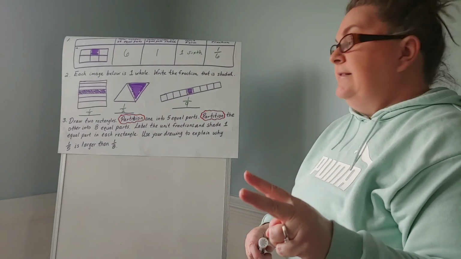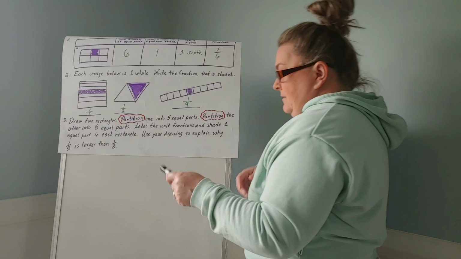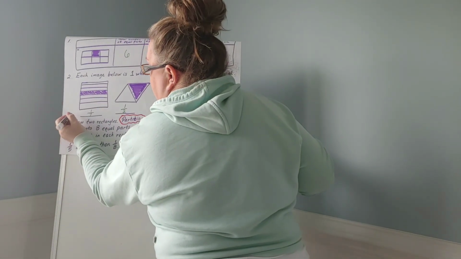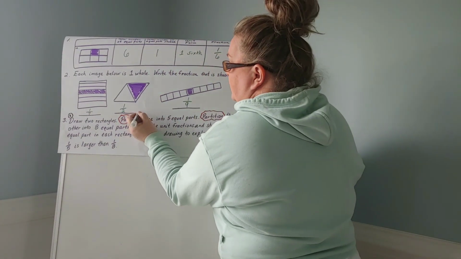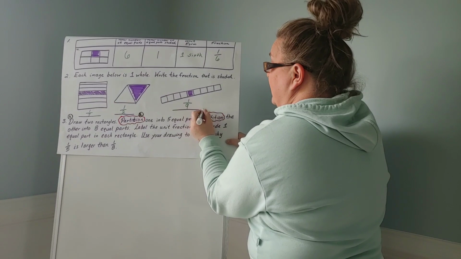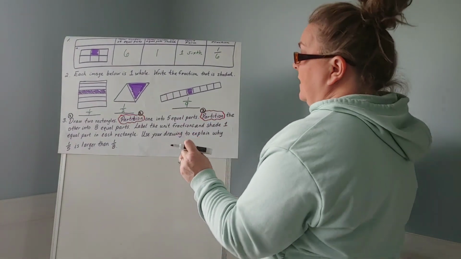So I'm going to draw 2 rectangles and break them into equal parts. So that was step 1. Draw 2 rectangles. Step 2 is to partition one of them into 5 equal parts. Step 3 is to partition them into 8 equal parts. Wow, that's really 3 steps.